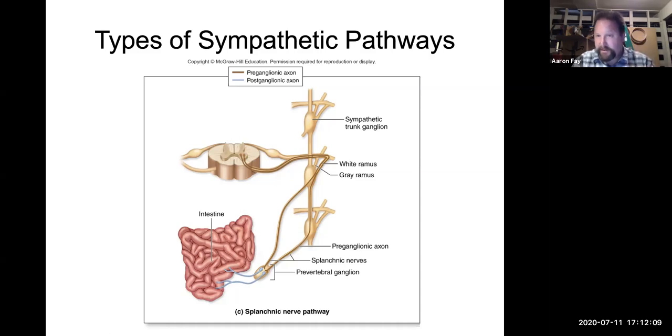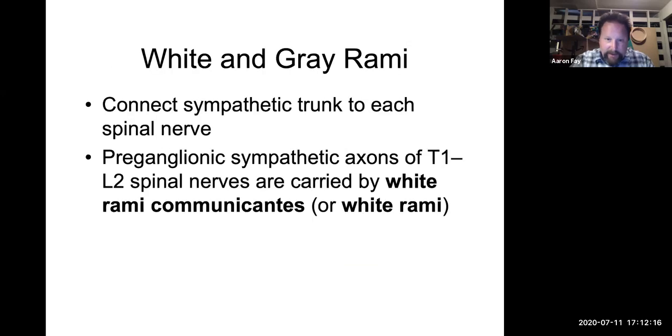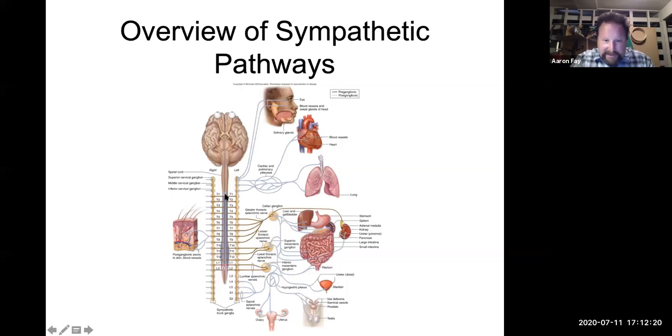This is an unusual exception. In most cases, right, looking back at this overall structure here, neuron number one is short, neuron number two is long. The exception is our splenic pathways. Number one is long and number two is short. That's a little bit unusual for the sympathetic nervous system.